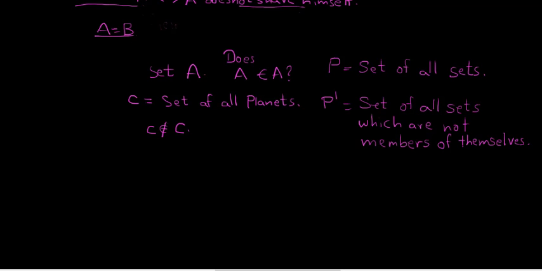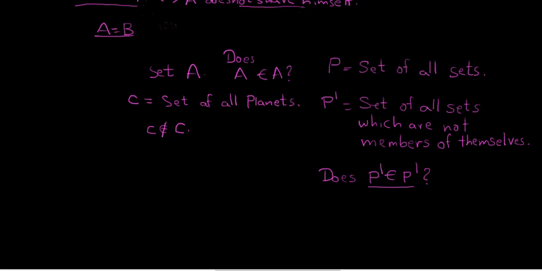So does the set of all those sets which do not belong to themselves belong to itself? This is the question which we are interested in, and by now you might have noticed that this is similar to the Barber's paradox which we just saw, and the answer to this question is very alarming indeed.